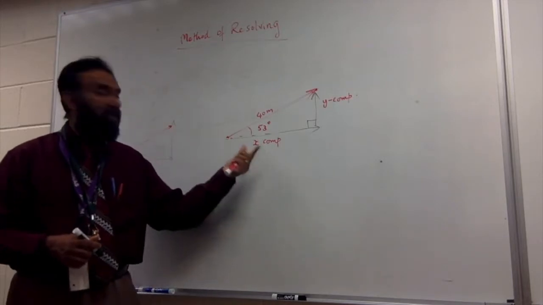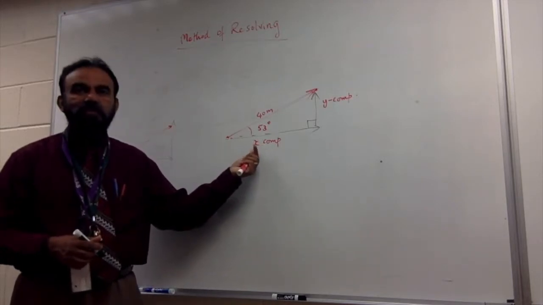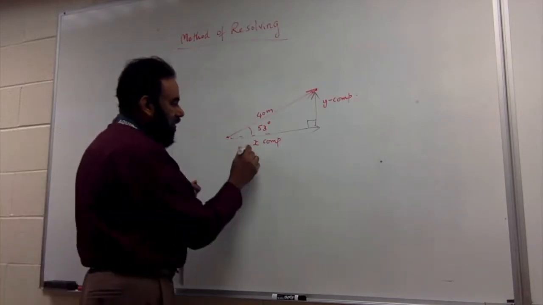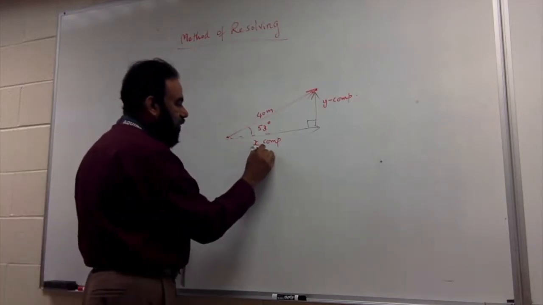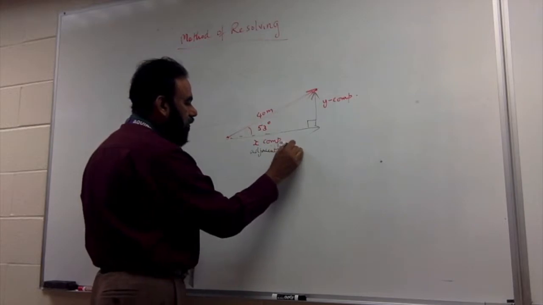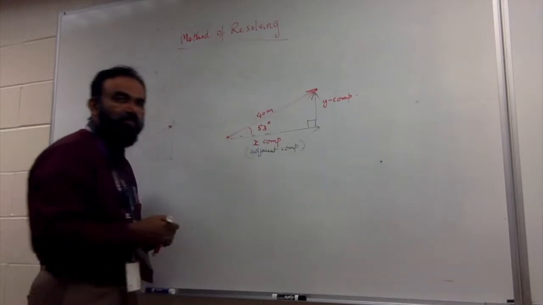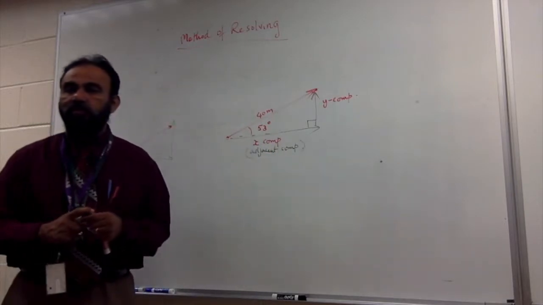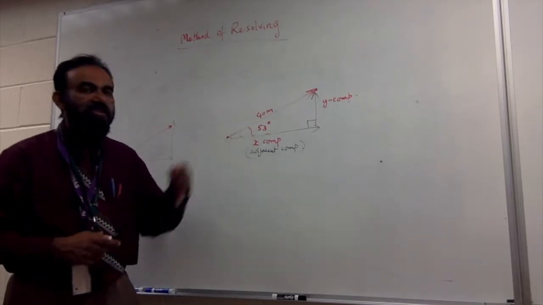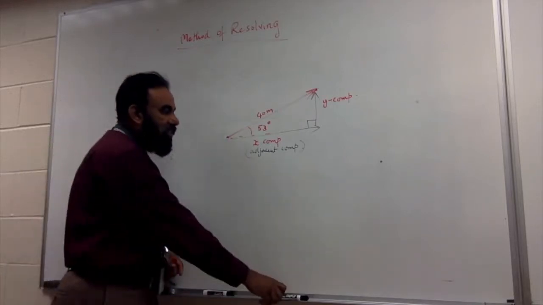In future, I will not use the words x component. Instead, I will call this the adjacent component. You know why I'm calling it the adjacent component? Because it is touching the angle. That's it.